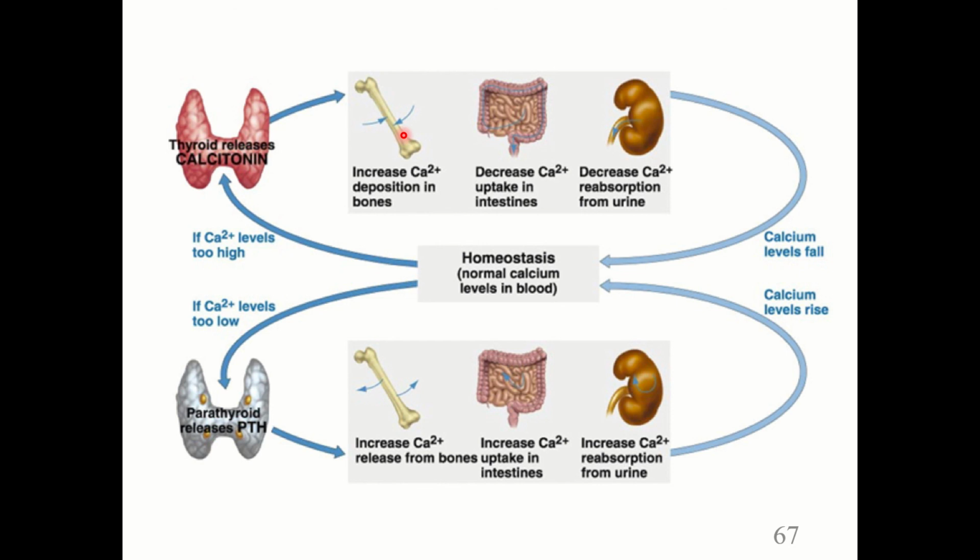Since we have enough calcium in our blood, we're not going to need to absorb as much from our intestines, so we're going to decrease calcium uptake in our intestines. We're also going to decrease calcitriol production, and instead of reabsorbing calcium from our urine into our blood, we're going to excrete it through our urine. And boop, we're going to go back to our set range. So your calcium levels are constantly doing this wig-wag to maintain this set point.